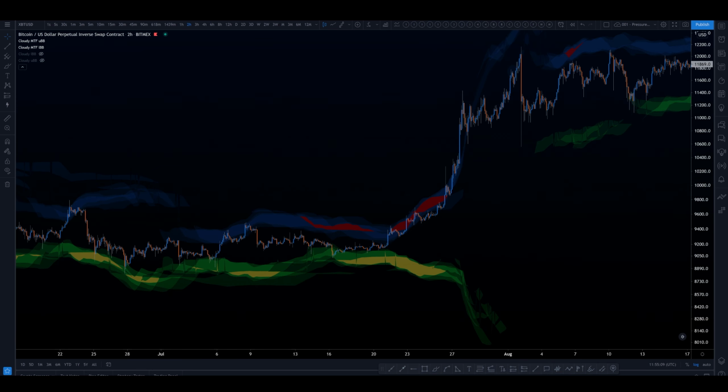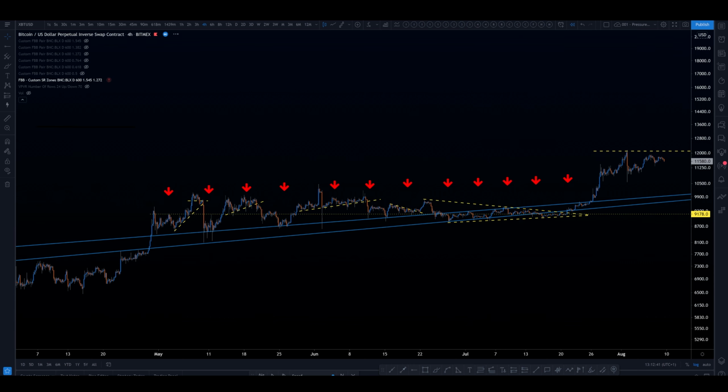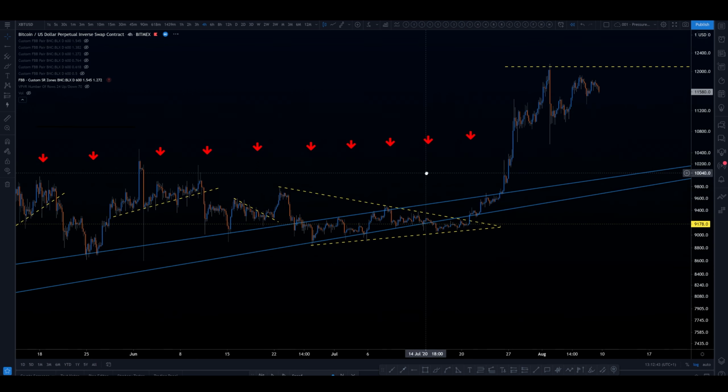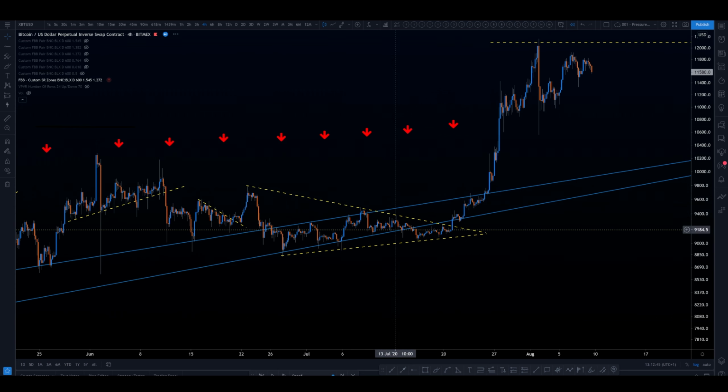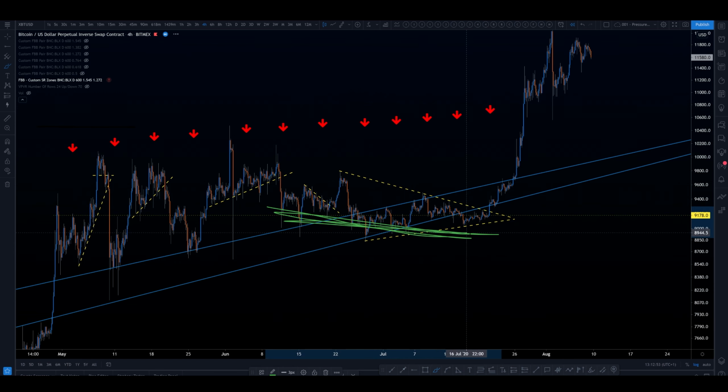Let me show you this real quick. This is also very, very interesting. We did have this case where we had the support lines, and we're seeing this grind down through support, which is usually a bearish sign in a pressure zone.